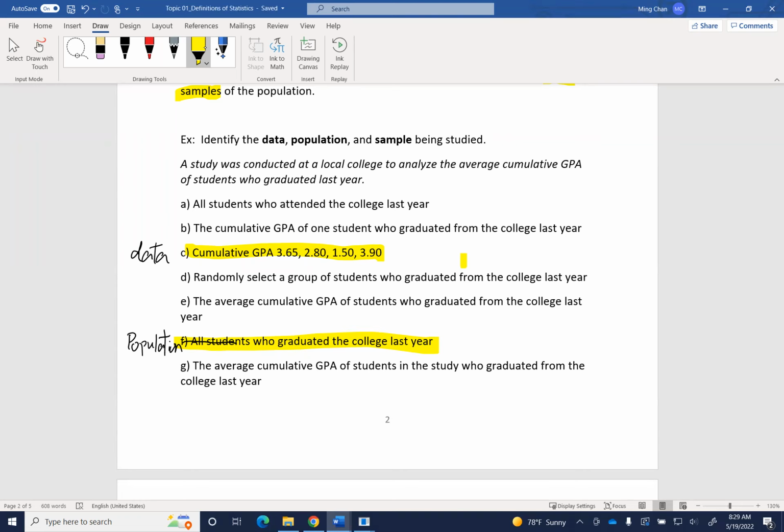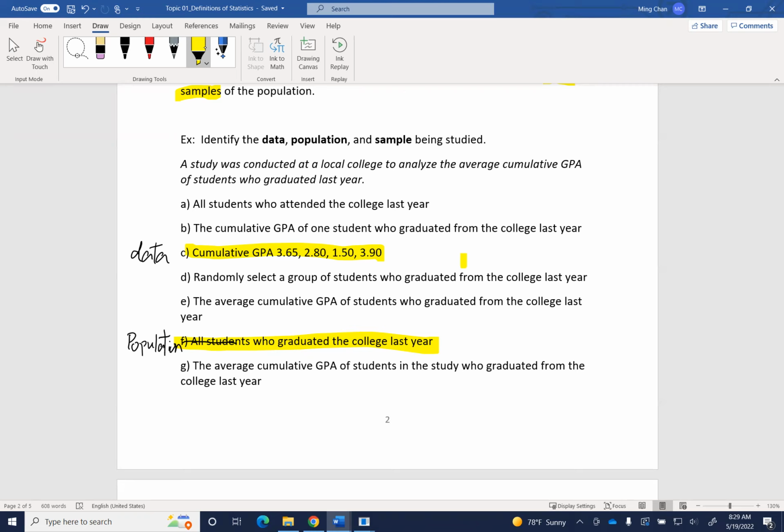The average cumulative GPA of students who graduated from college last year would not be my data. The cumulative GPA itself is my data. The average simply implies that once I have my data of all the cumulative GPAs, we come up with an average of that, which is one numerical value. So the cumulative GPAs themselves are the data.